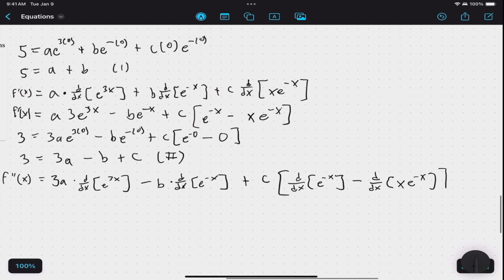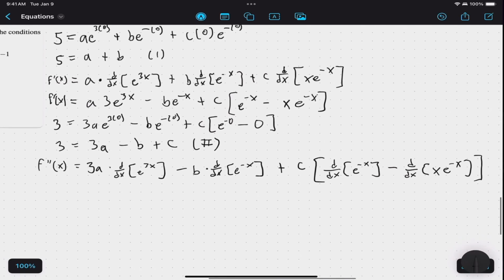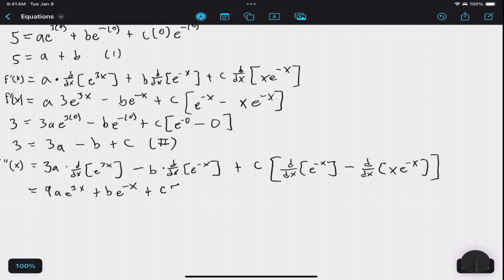Okay, and if we use a chain rule here, it becomes 3e to the 3x, and 3 times 3 is 9. So we have 9a e to the 3x. If we do it here as well, it becomes positive b e to the negative x, plus c stays the same since it's a constant, and taking this derivative becomes negative e to the negative x minus this derivative.